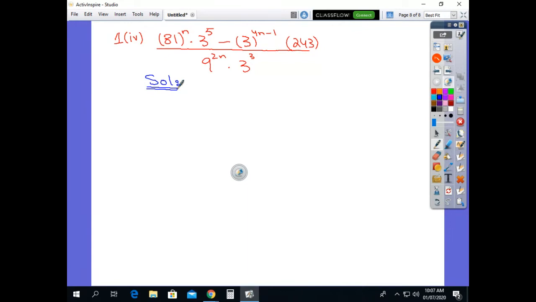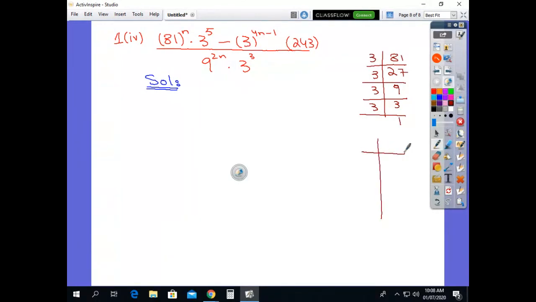First of all, we write the LCM of 81 and 243. What is the LCM of 81? 3, it becomes 27, then again 3, it becomes 9, then again 3, it becomes 3, and at last 3, it becomes 1.